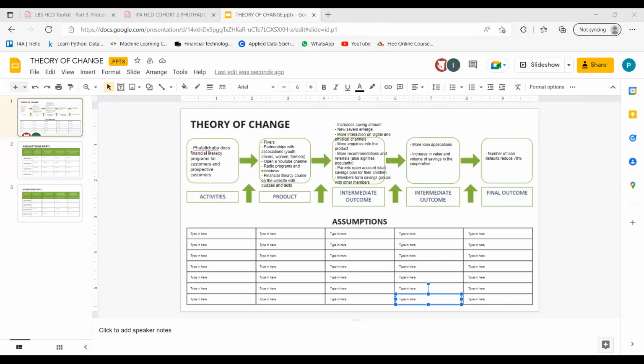Intermediate outcomes were increased savings amounts, new savers emerging, more interactions on digital and physical channels, and more inquiries into our product. Our other intermediate outcome was more loan applications and an increased value and volume of savings in the cooperative due to these financial literacy courses.